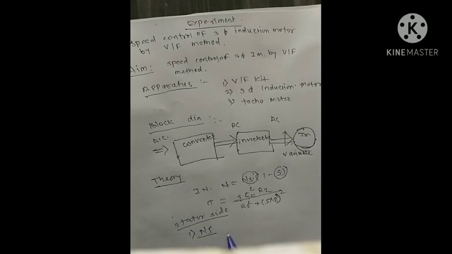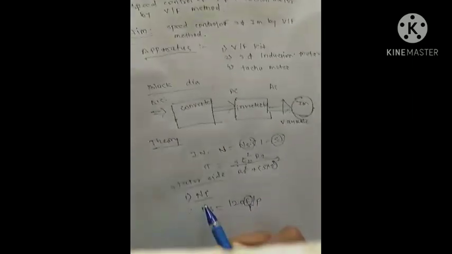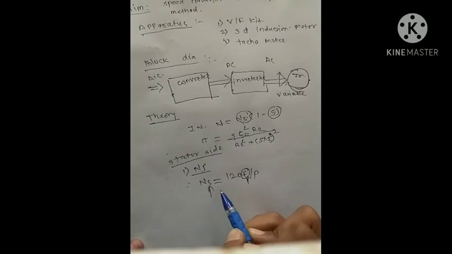Ns equals 120 F upon P. This is called the V by F control method, which means we control only the frequency. By changing the frequency, we control the speed.